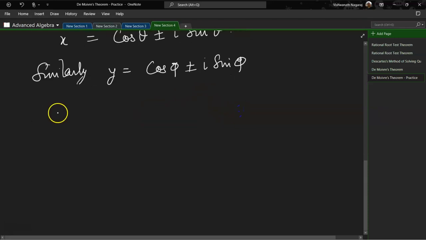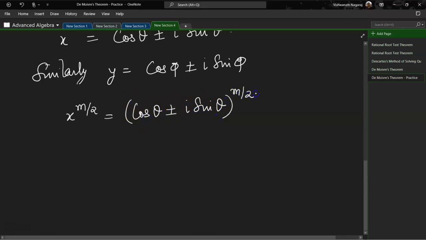Okay, now what we need is not x to the power of m, but there is a square root, so we divide it by 2. This would be equal to cos theta plus or minus i sin theta to the power of m by 2, and y to the power of n by 2 would be equal to cos phi plus or minus i sin phi to the power of n by 2.